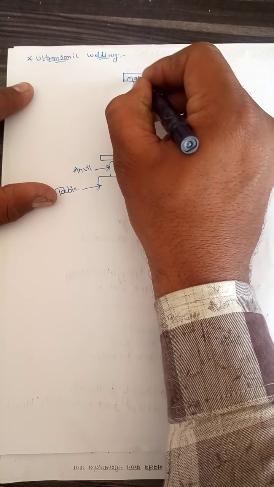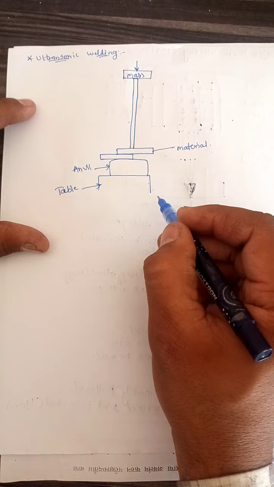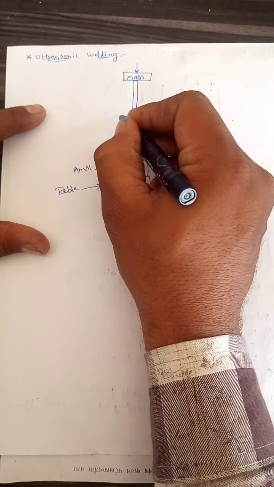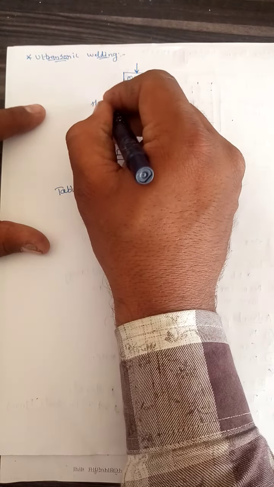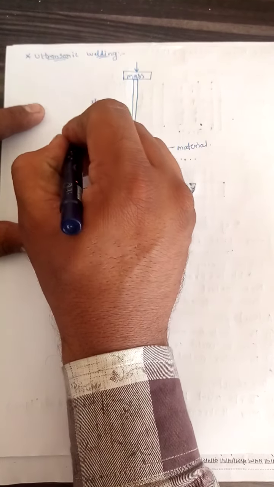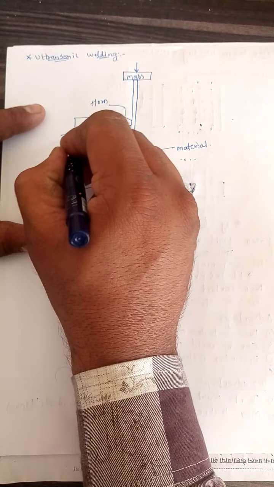It is a mass in the downward direction. Then this is a horn. This is a transducer.